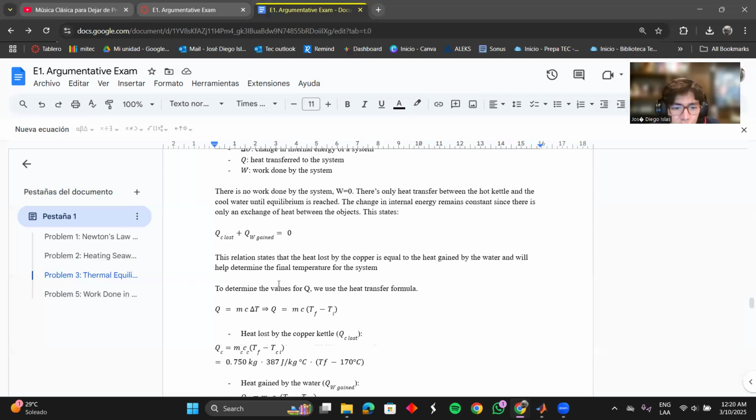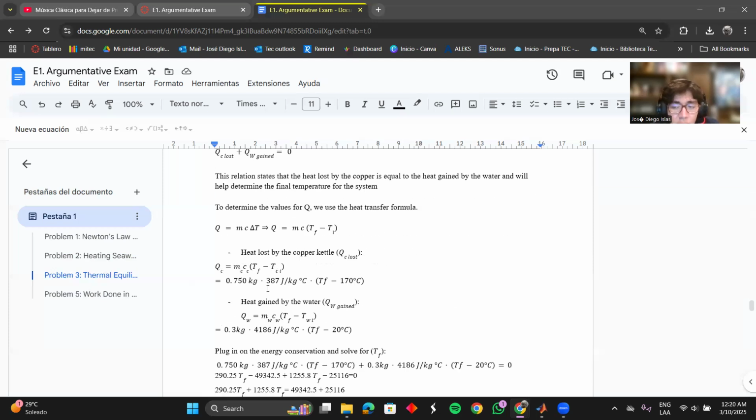Because at the end, from this we know that the heat that the hotter thing loses is equal to the heat the cooler thing gained, right?